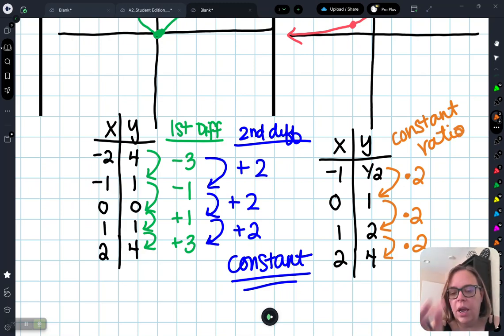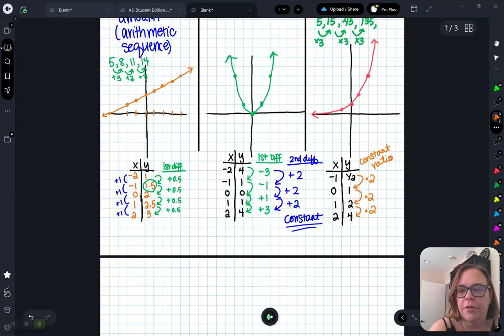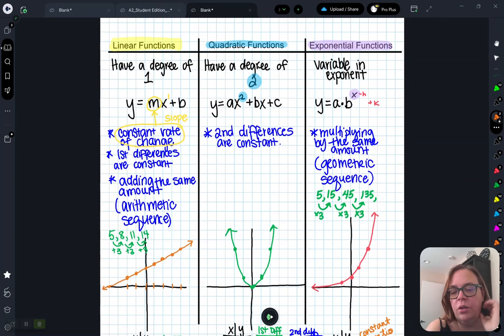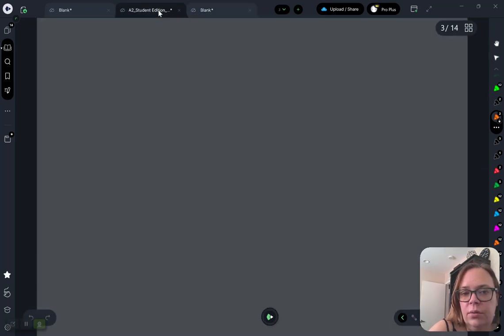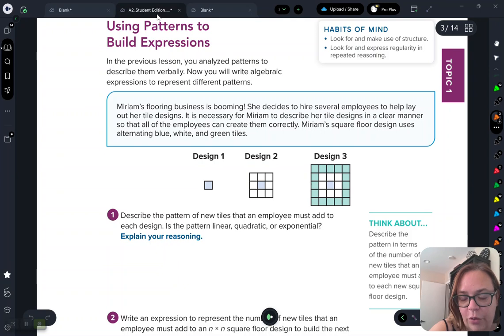Okay, so now we have hopefully a better idea of what's the difference between these three types of functions. All right, now let's go back to the question that we were being asked. Describe the pattern of new tiles that an employee must add to their design, and is the pattern linear, quadratic, or exponential?